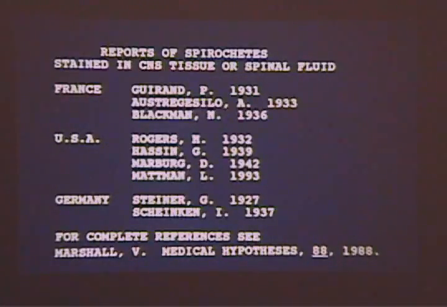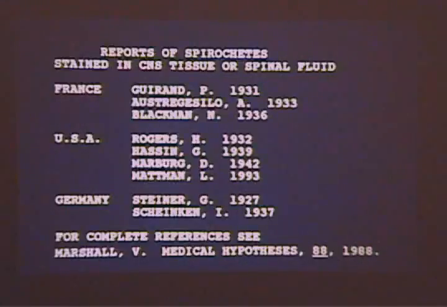But Vincent Marshall, who some of you know of, was a veterinarian who studied a lot of things, including the spirochetes, in his vet lab. And this is from an article he wrote, the same thing is in my book. But look at all the countries where they had proof that there was a spirochete in multiple sclerosis. So this is MS.